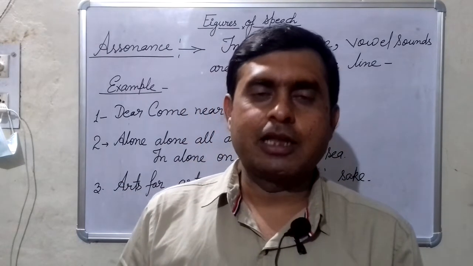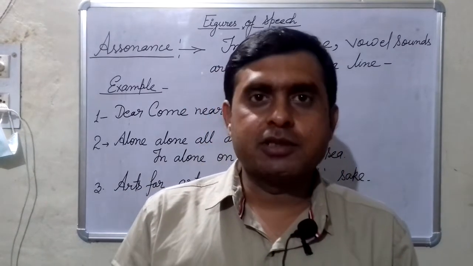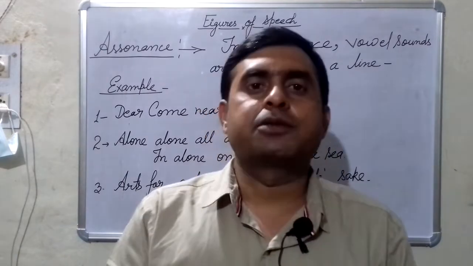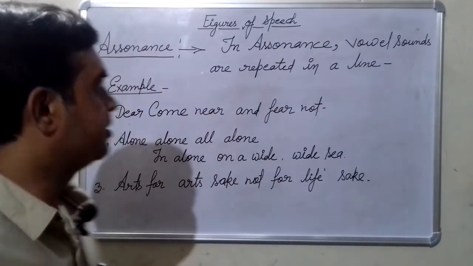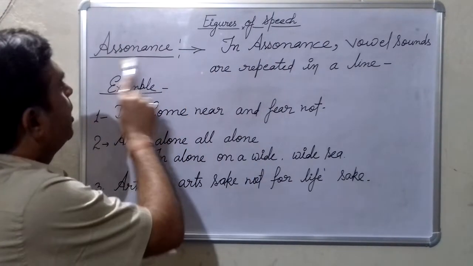So let's understand how we can identify the assonance in the poem and what are the things by which it becomes easy to understand. Let's start. As I have written here, figures of speech: assonance.